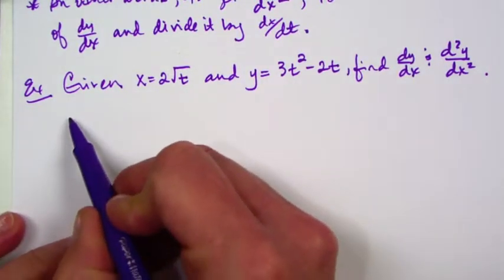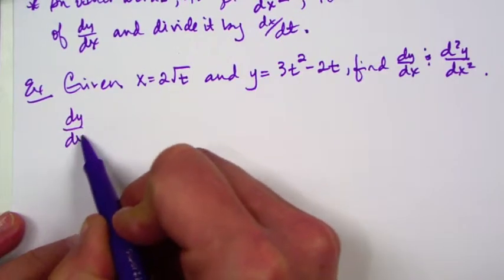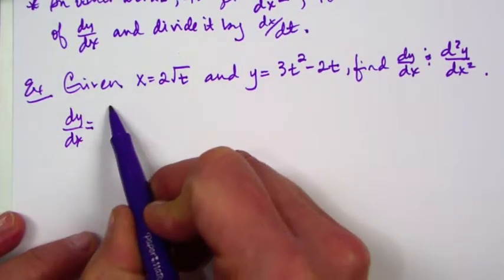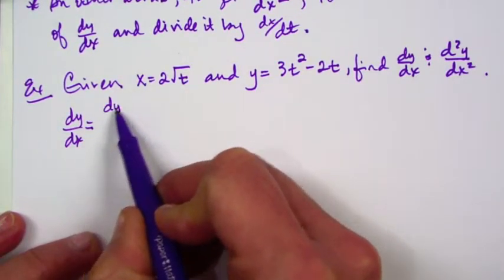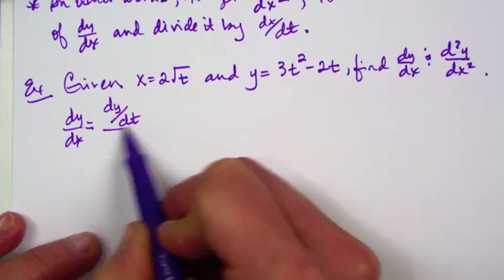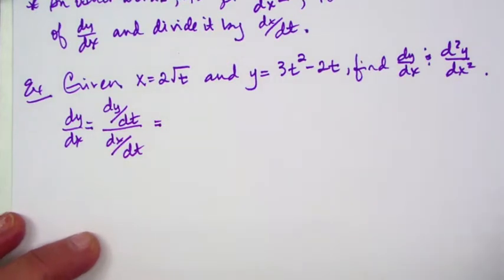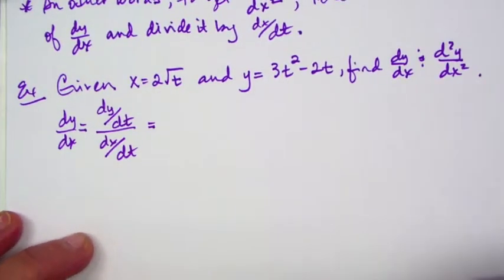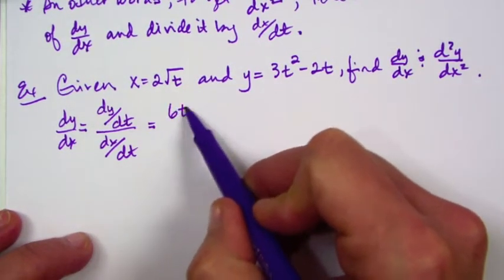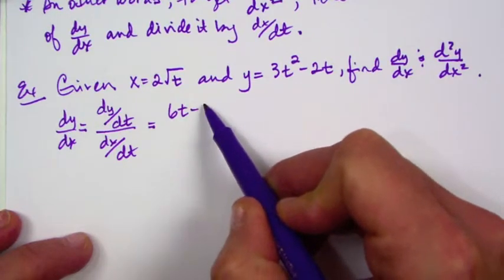Okay, so dy/dx, you guys already told me, is equal to what? dy/dt over dx/dt, right? So what is dy/dt? 6t minus 2.